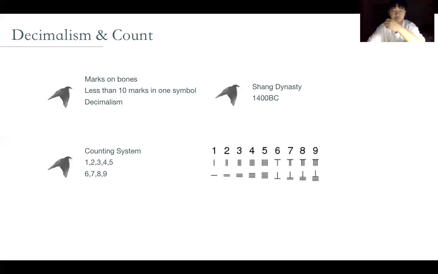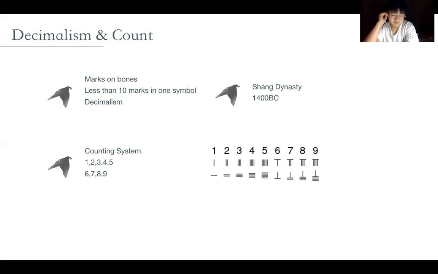And then there is no single symbol for 10. So how do people indicate 10? People just put one stroke representing 1, and then left a space on the right of the stroke. In that way, people can express 10.